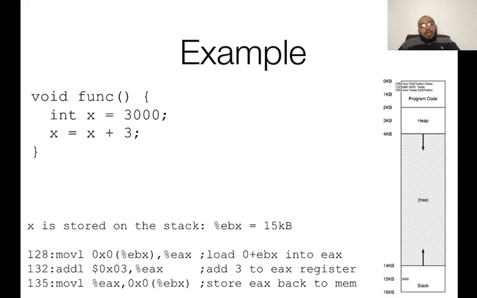Then when you do the addition, the first thing is that you move the value of EBX into EAX, loading 3000 into EAX, and then you add 3 to EAX, and then you store EAX into EBX, which again gets stored into memory. So this is how your memory allocation works in such a program.